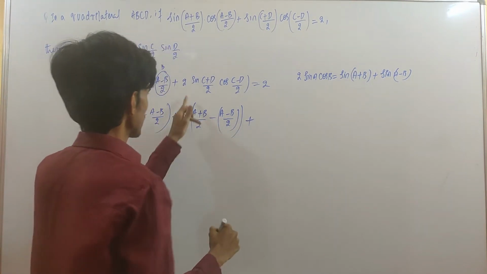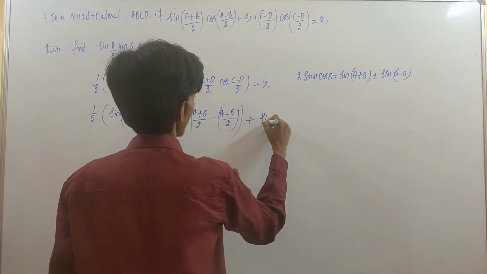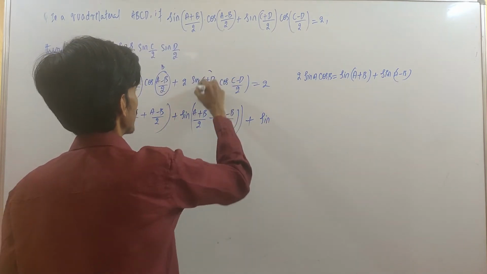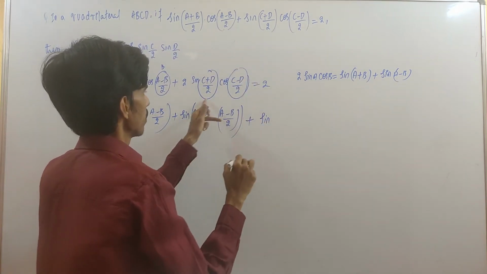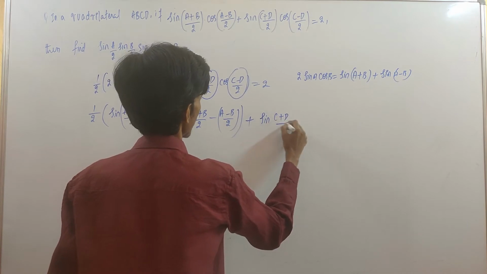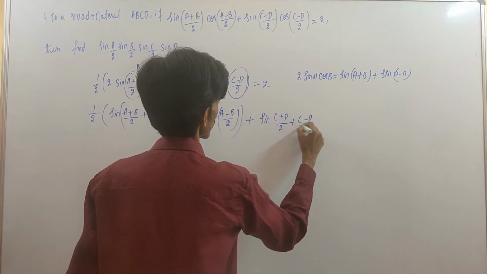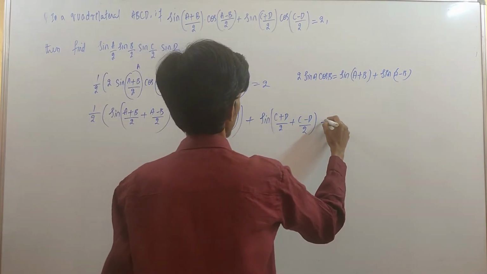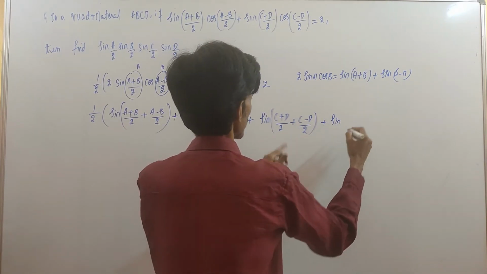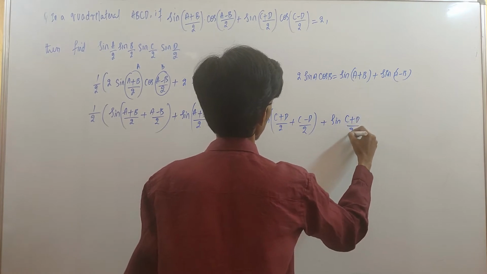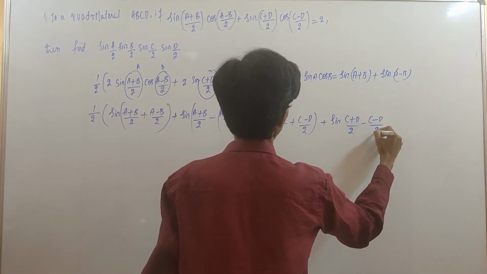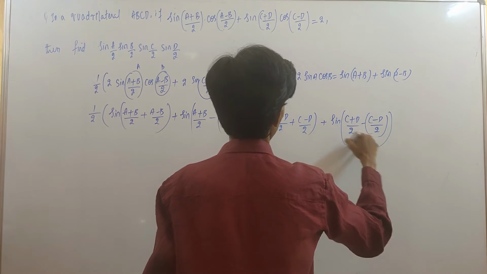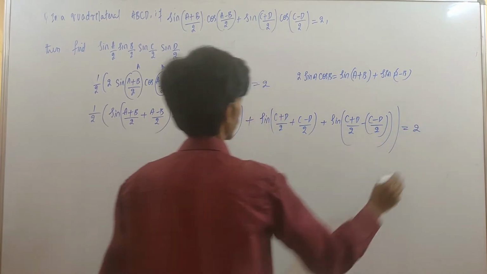Similarly, this can be written as sin a, treat this term as a and this term as b, a plus b. So (c plus d)/2 plus (c minus d)/2, plus sin of (c plus d)/2 minus (c minus d)/2, that is equal to 2.